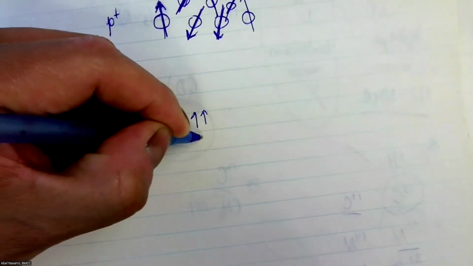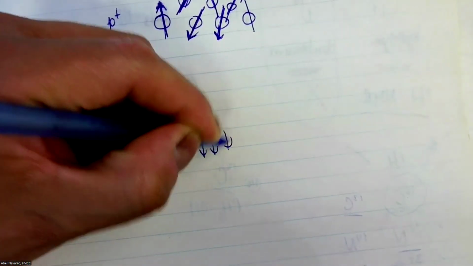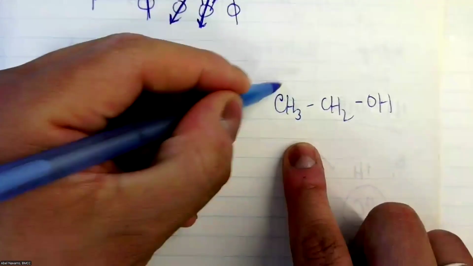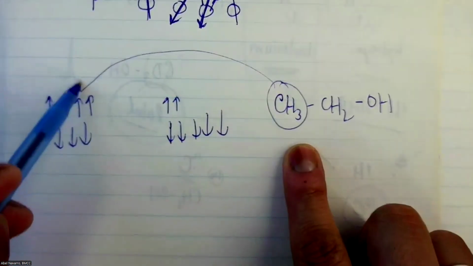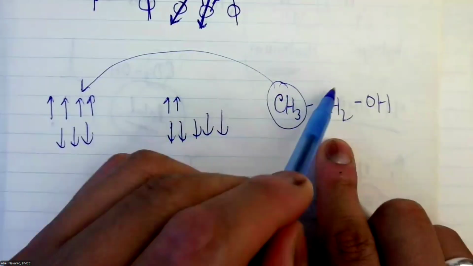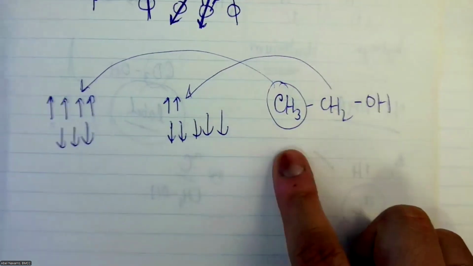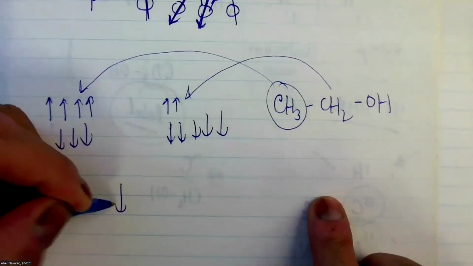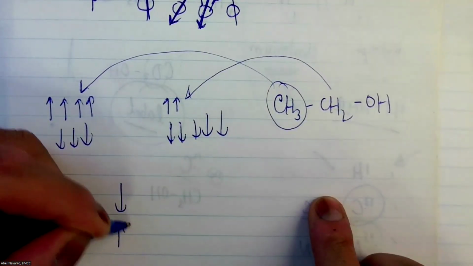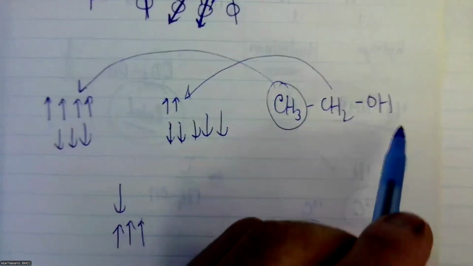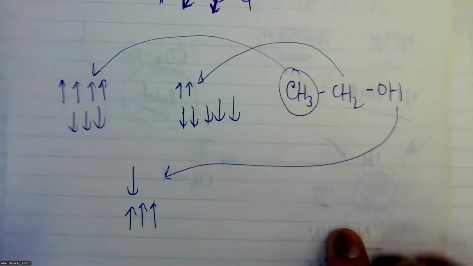Maybe another case will be 2 in favor, 5 against. Who decides that? It depends on the type of hydrogen. Maybe you have ethanol: maybe that CH3 has one type of distribution, this CH2 another, and maybe this OH has yet another type of distribution.